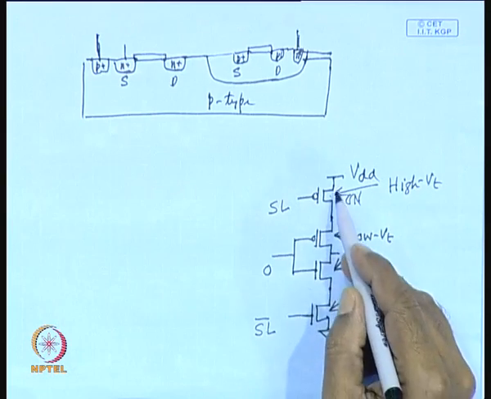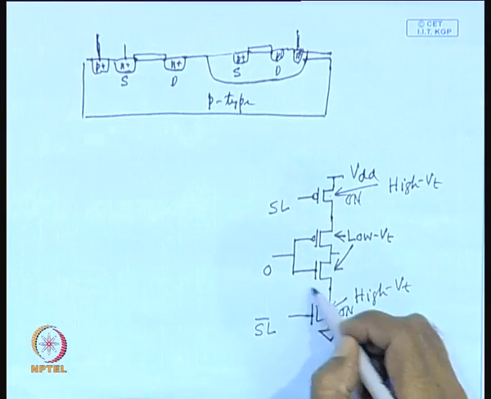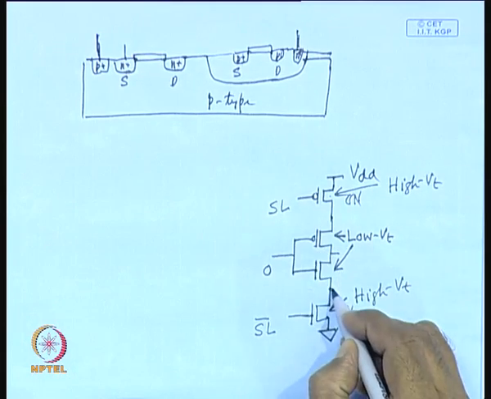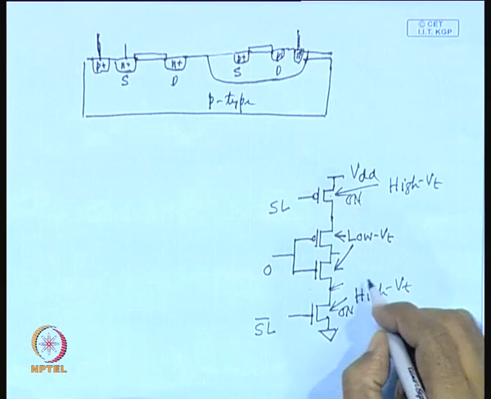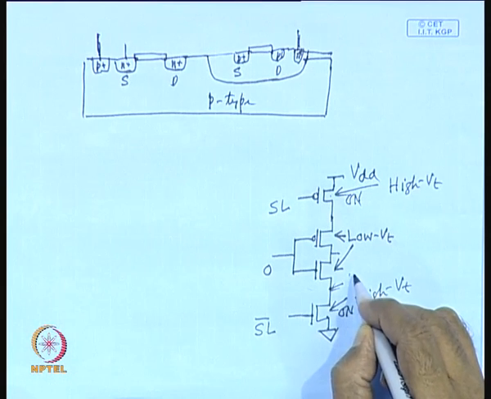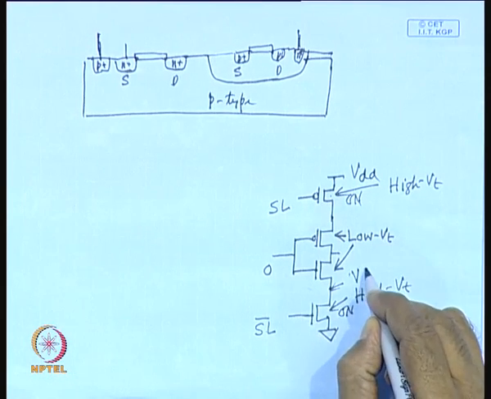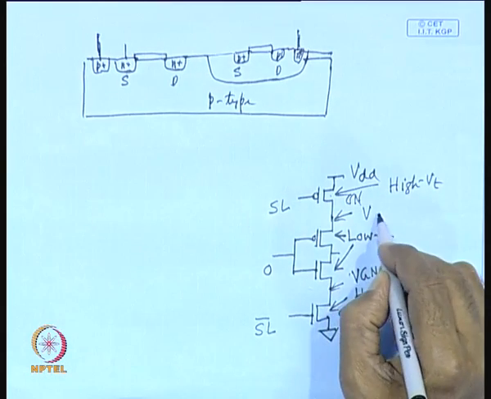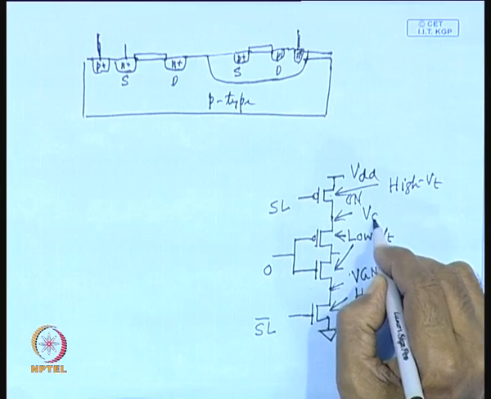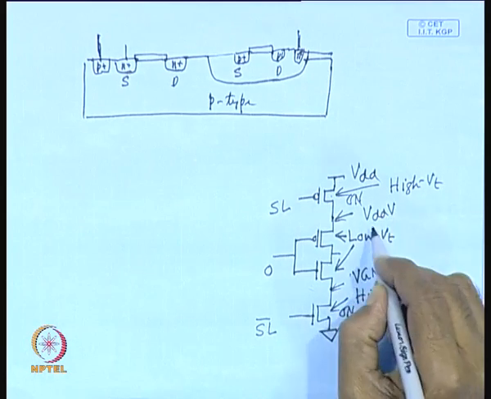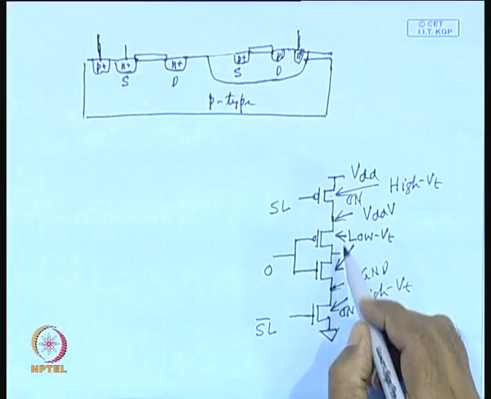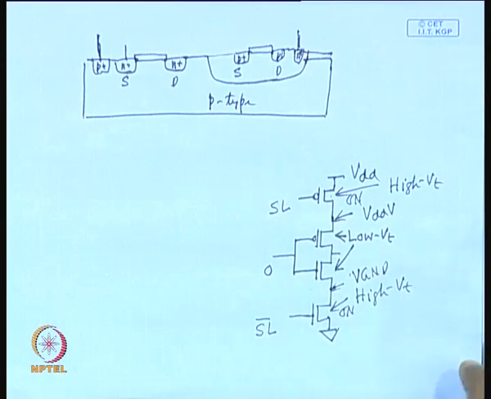So, in the normal mode of operation, the current that will be flowing will correspond to the low VT transistors, and these points will act as kind of virtual VDD. So, this is your virtual ground, and this point will act as the virtual VDD point. So, this is the virtual VDD point, this is the virtual ground, and this is in the normal mode.